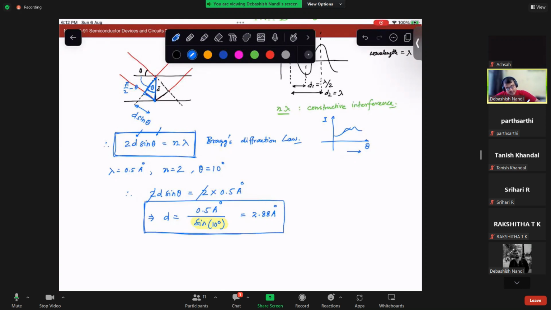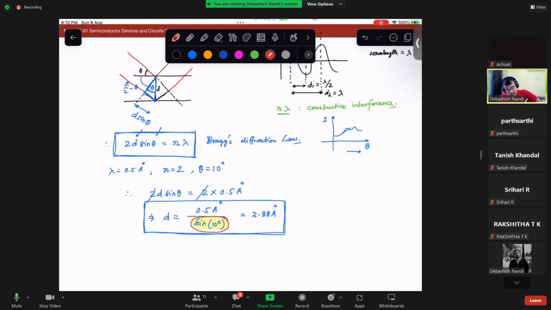Another observation. What do you think this denominator value should be, less than 1 or greater than 1? Less than 1. Sine varies from -1 to 1. Right.